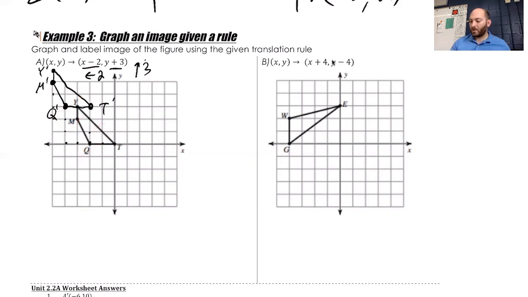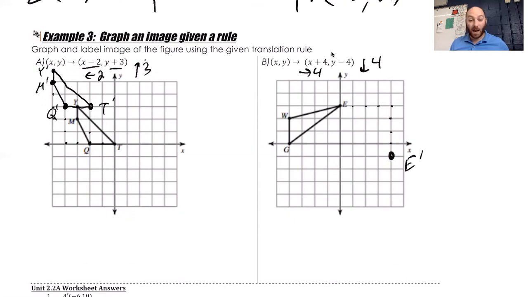Okay? So let's do the same thing on letter B here. So I'm going x plus 4. That's going to go to the right 4. Y minus 4 is going to go down 4. Every single point follows that pattern. So I'm going to go from E: 1, 2, 3, 4, 1, 2, 3, 4.